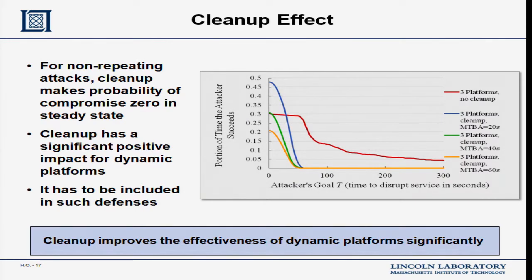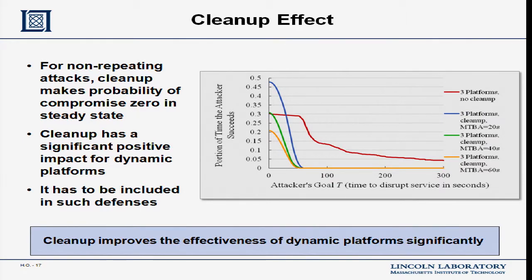And we have plotted here attacks repeating with mean time between attacks of 20 seconds, 40 seconds, and 60 seconds. Of course, if the attack repeats faster, we have more chance of compromise. But as you can observe, cleanup actually has a significant benefit, because for attacker durations that are longer than the duration of one platform, cleanup prevents those types of attacks, because the attacker never gets to compromise more than one platform, because every other platform is being cleaned.